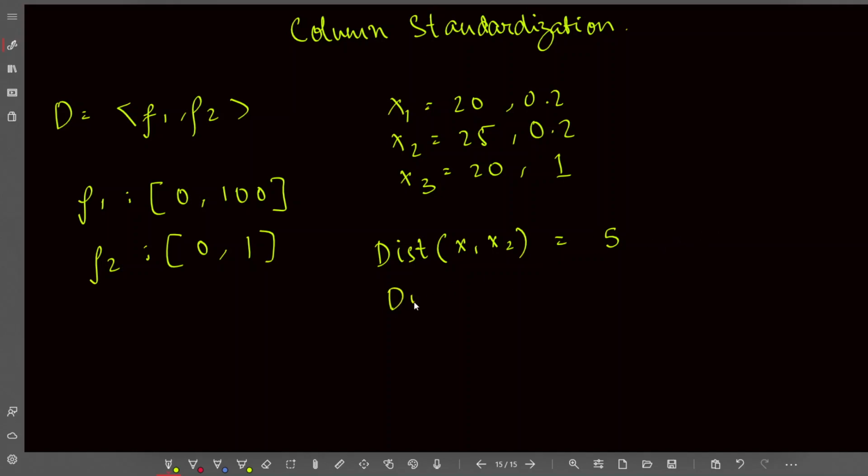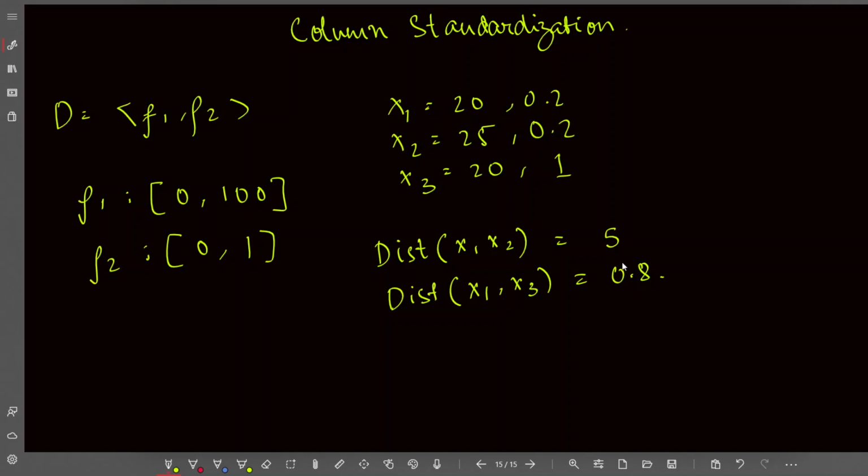And if I take the distance between x1 and x3, I would get the value 0.8, correct? So if I compare these data points on the Euclidean distance alone, it looks like x1 and x3 are more similar than x1 and x2, because they have a smaller distance.